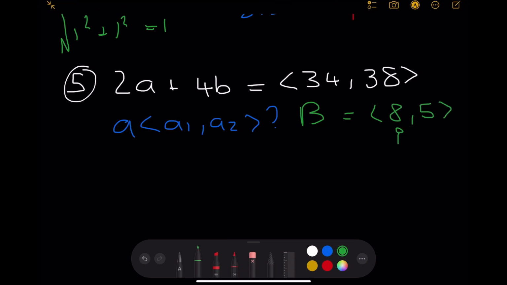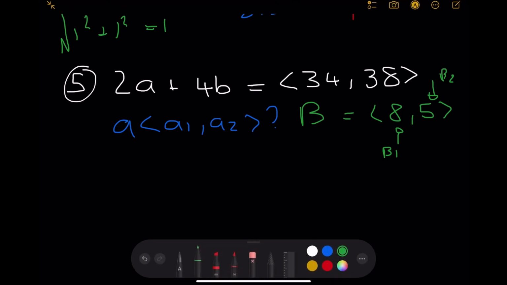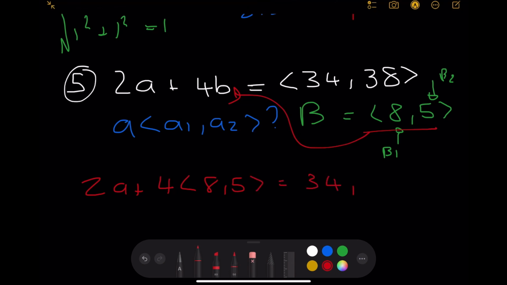So it's your b1, and here is your b2. Firstly, you would sub in this here. So you'd be left with 2a plus 4 times 8, 5 is equal to 34, 38. Step number 1. Step number 2, multiply out the scalar over here, in here, and in there.